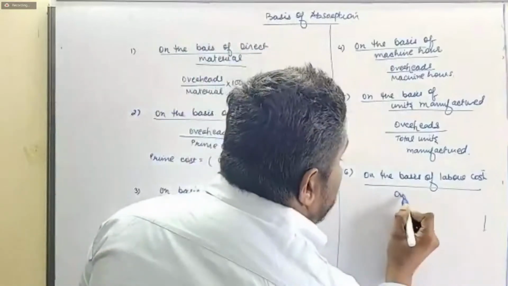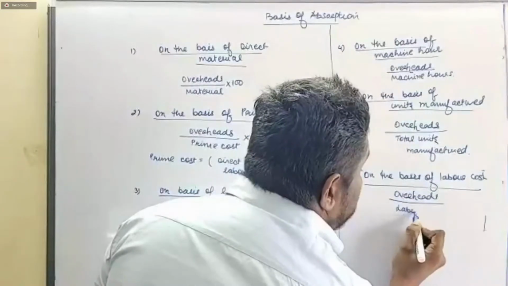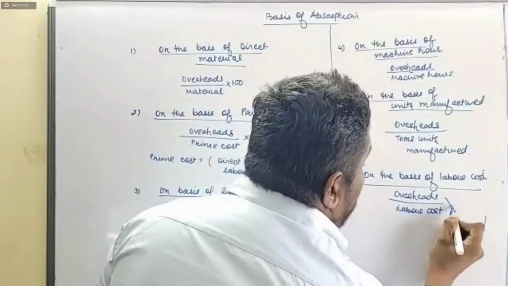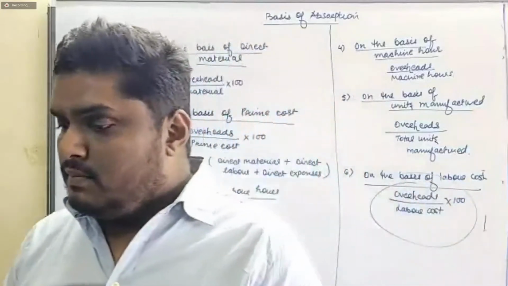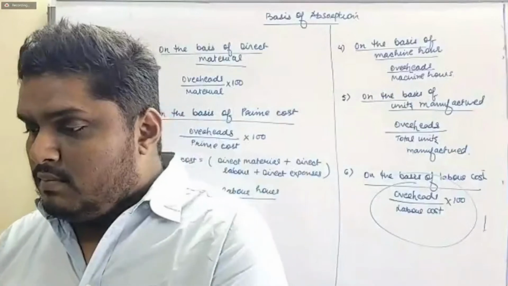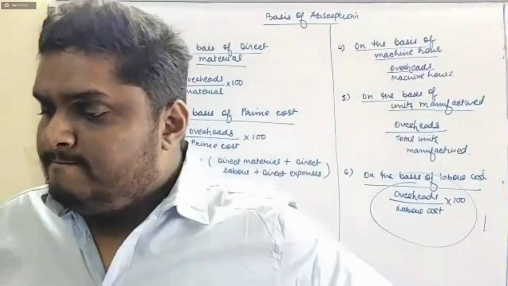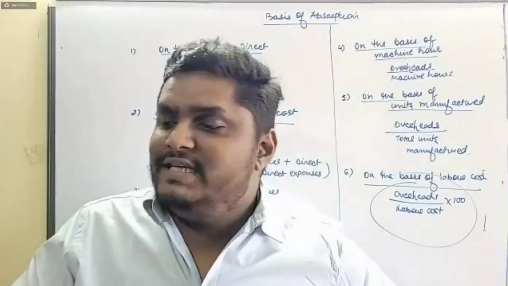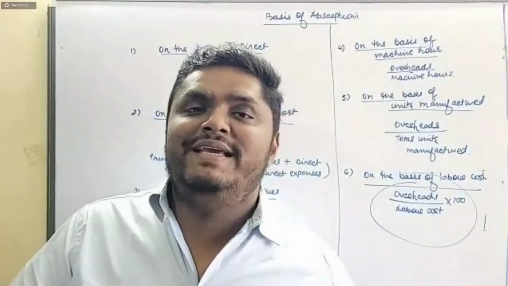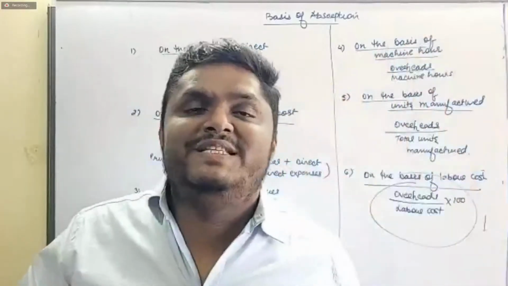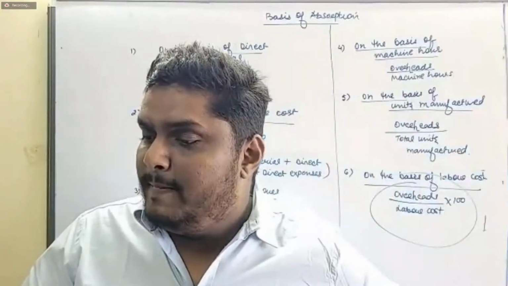That is overheads divided by labor cost into 100. In most of the cases, Mr. Ismail, labor hours will be given in the question. In fact, 99% cases, the question will clearly specify on what basis to absorb. So don't worry, Mr. Ismail.